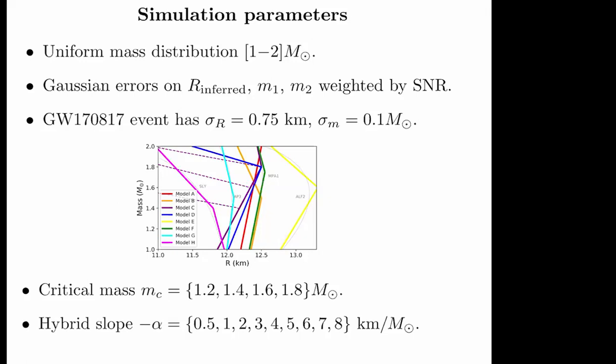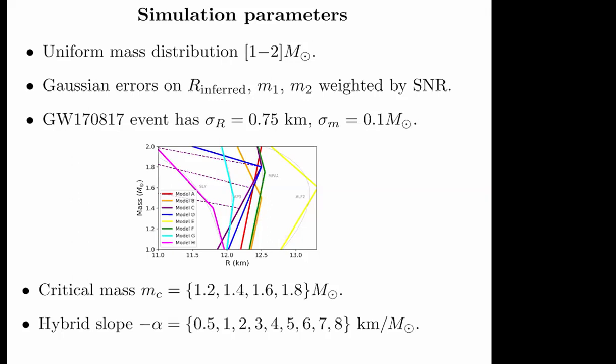We're going to assume Gaussian errors on the inferred radius and the masses, and we're going to weight those errors by a simulated distribution of signal to noise, which is tuned such that an event like GW170817 has an error on the inferred radius of 0.75 kilometers and an error on the masses of 0.1 solar masses.